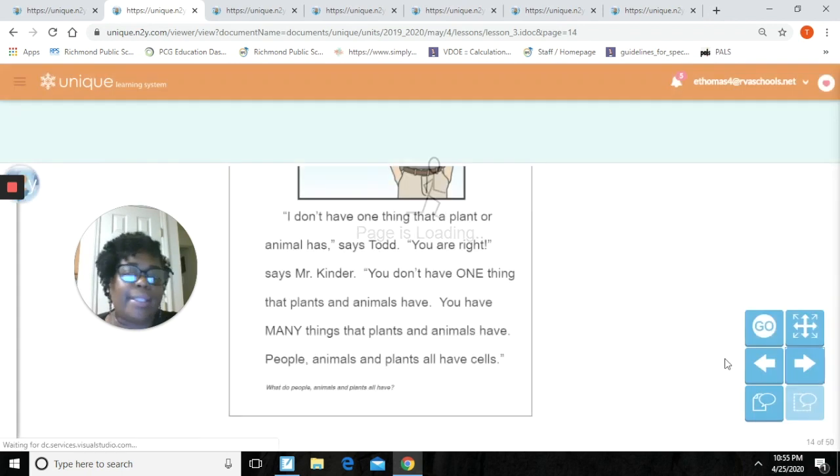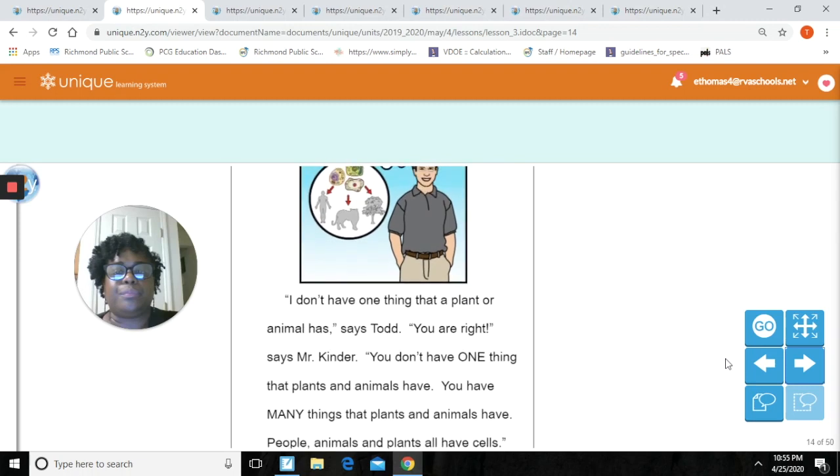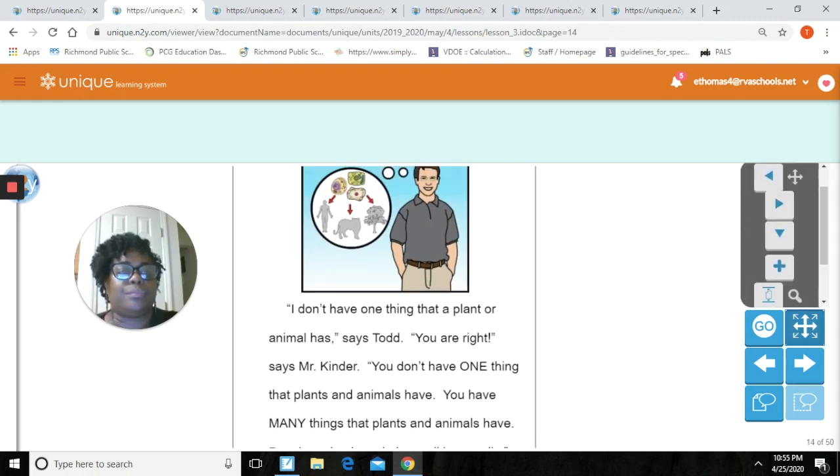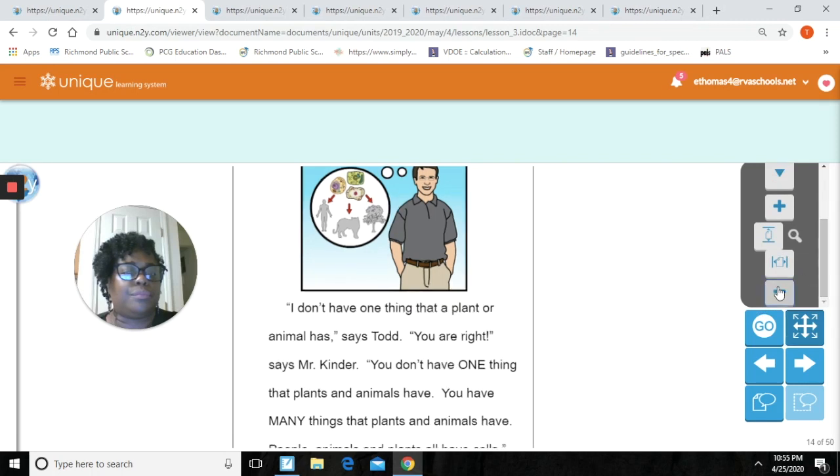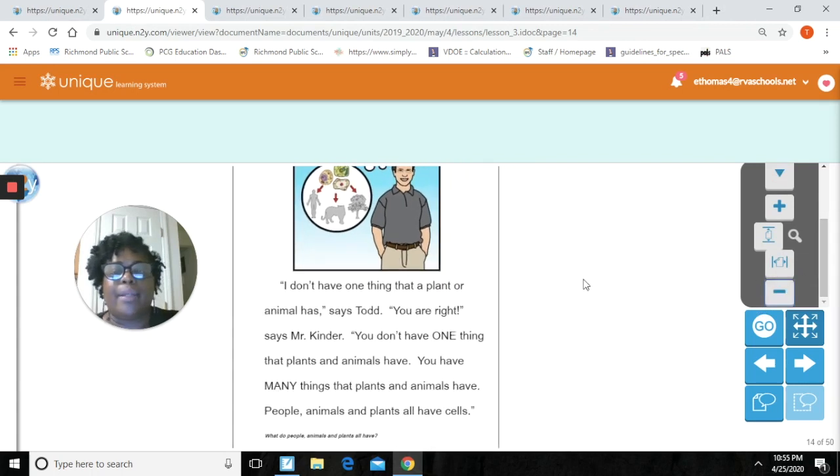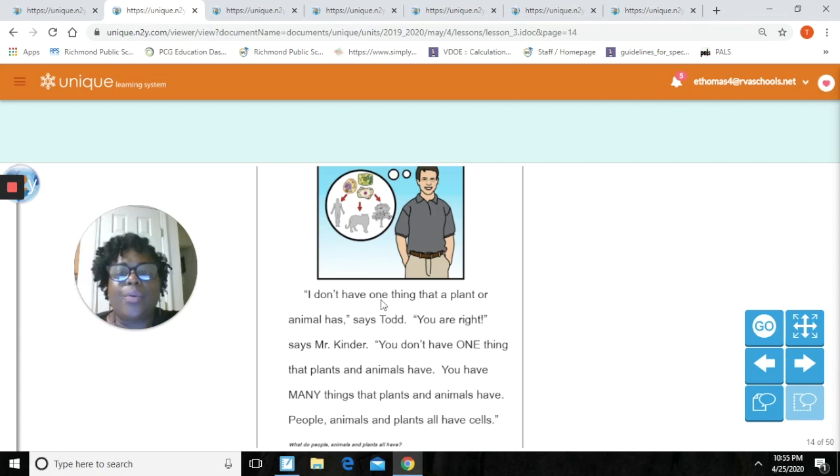Let's move on to our next page. All right. I don't have one thing that a plant or animal has, says Todd. You're right, says Mr. Kinder. You don't have one thing that plants and animals have. You have many things that plants and animals have. People, animals, and plants all have cells.